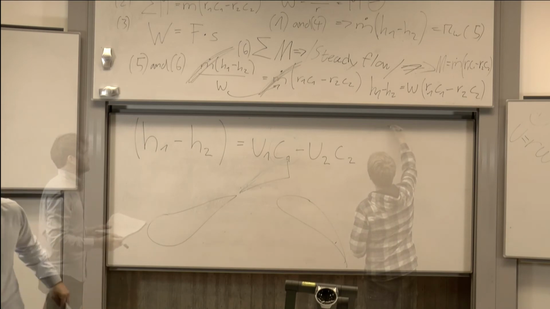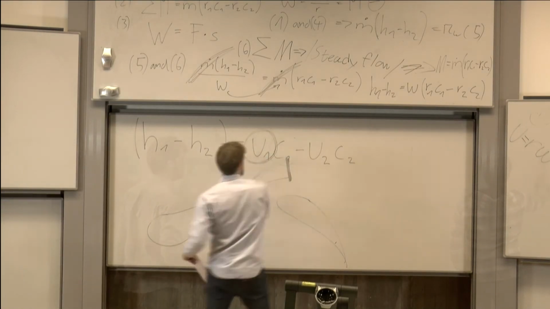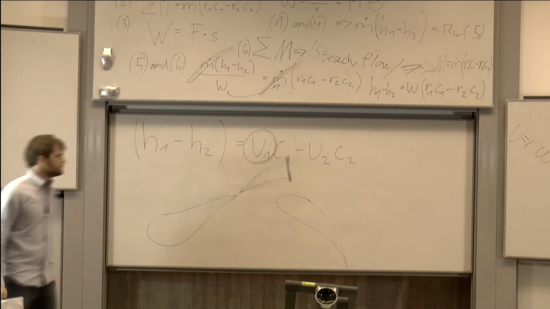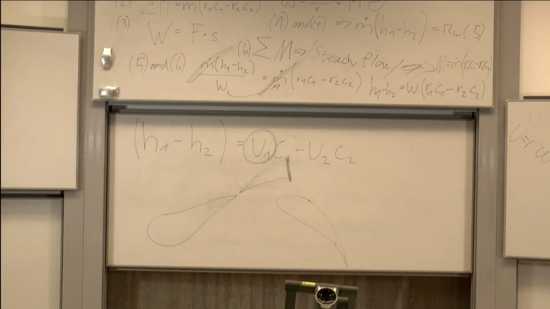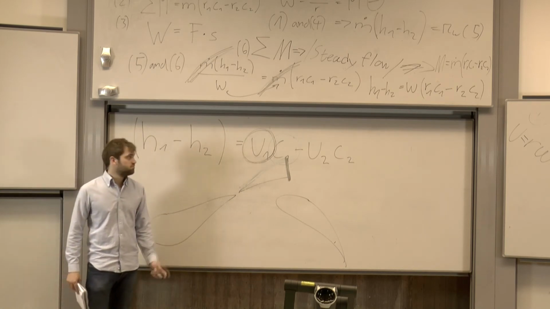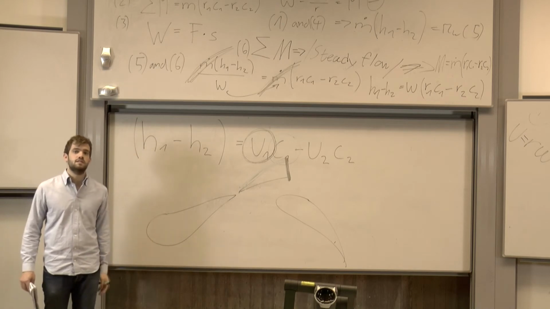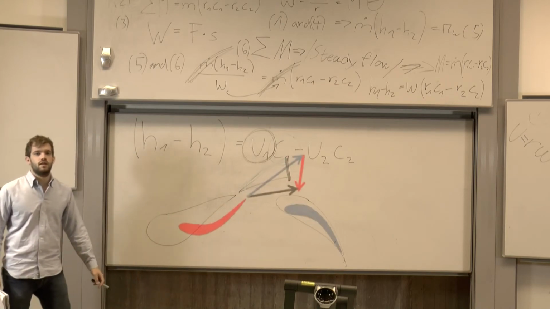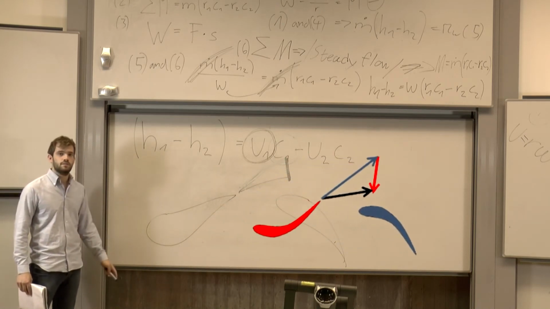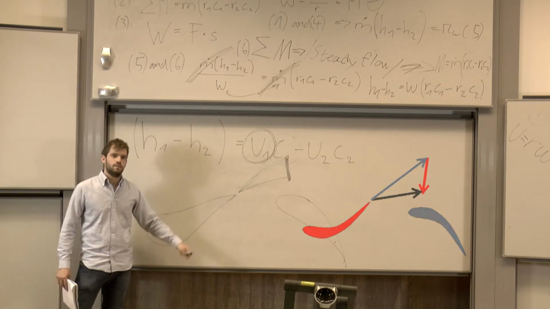So now we have some equation, the Euler equation, which actually puts the velocity components into relation with the extracted energy. Just remember the velocity triangles we had from before.